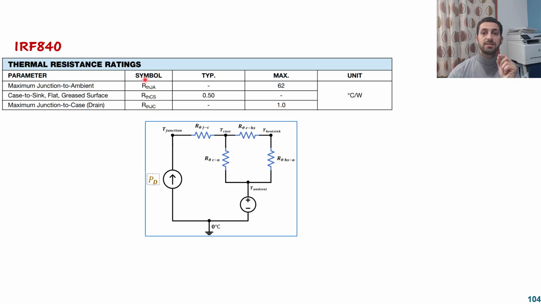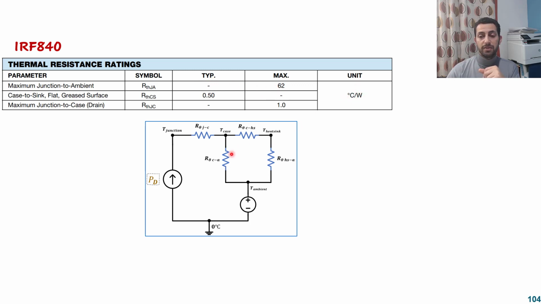The answer is no. The junction to ambient means this resistor plus this resistor are combined together as one resistor, because they consider that you will not use the heat sink. So all this part is not there. For the first item here, that means this resistor plus this resistor is 62 Celsius per watt.